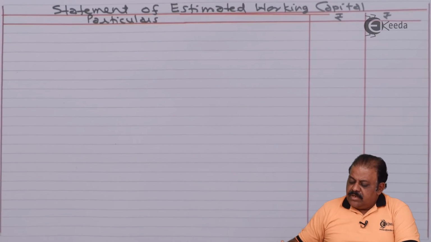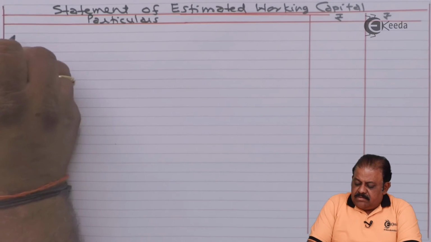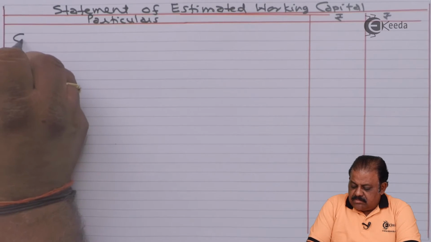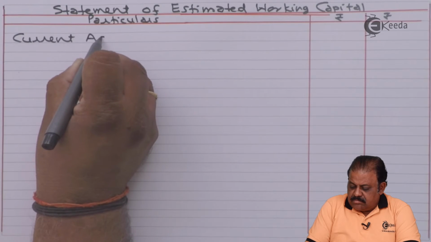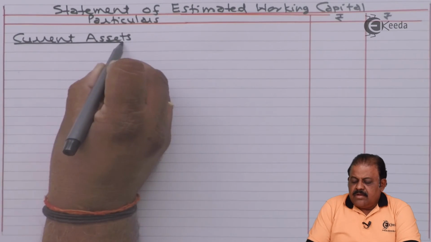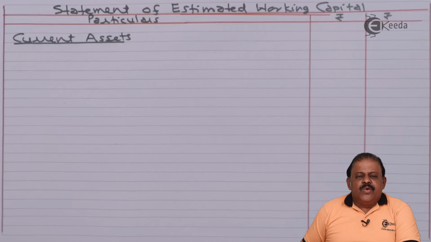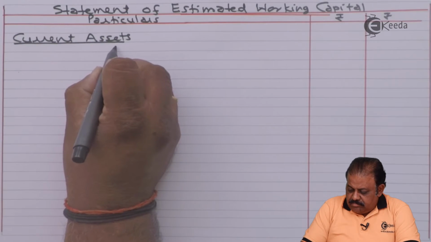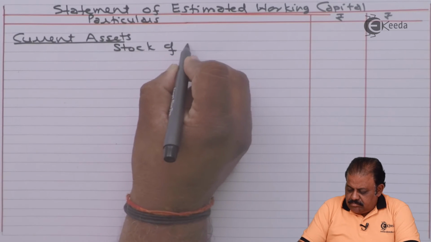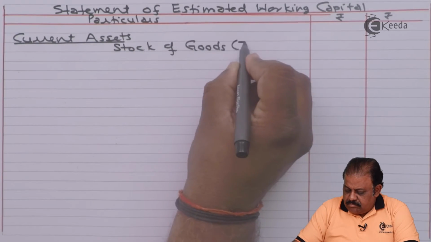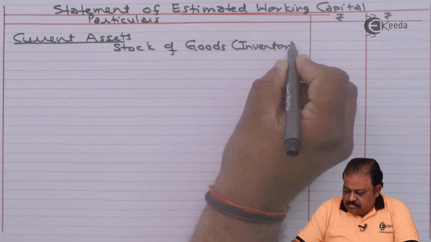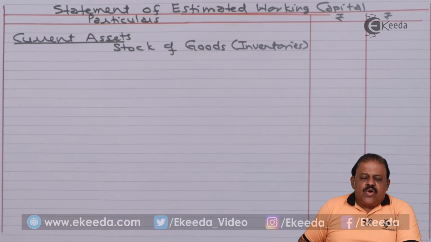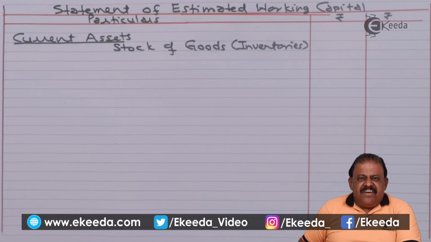Statement of estimated working capital. First, we are required to include current assets. Then first we'll have stock of goods, that is inventories.